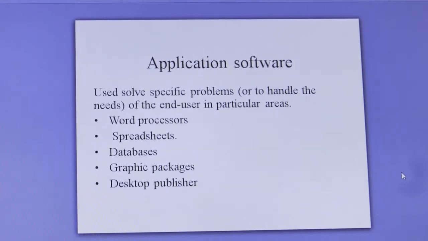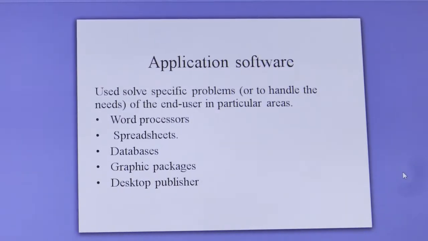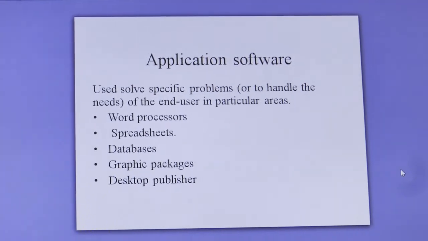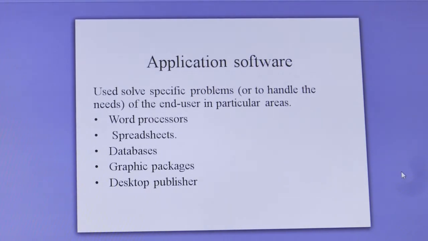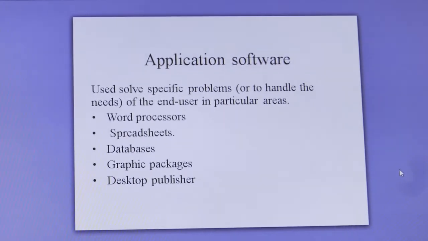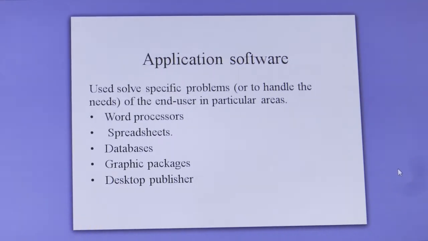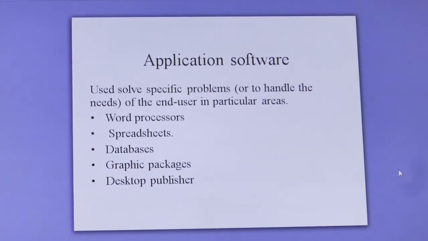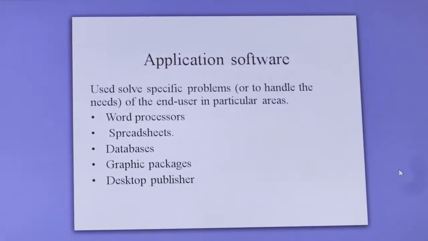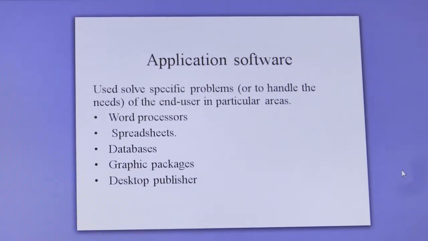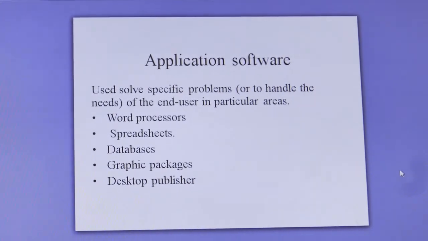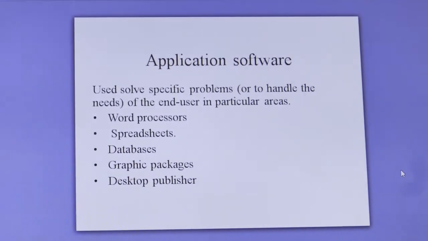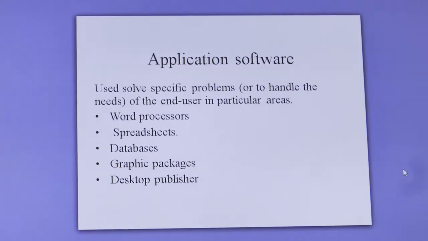These are mainly used for calculations and analysis of data. In these, you can use packages like MS Excel or Lotus 123. Database. This is used to create databases. An example of these packages is MS Access.